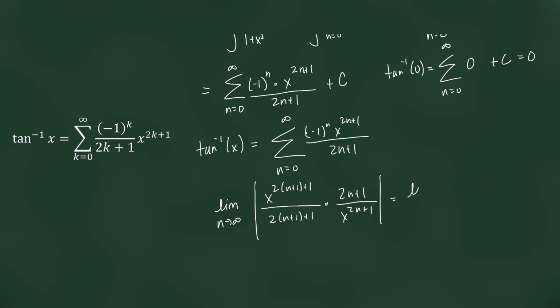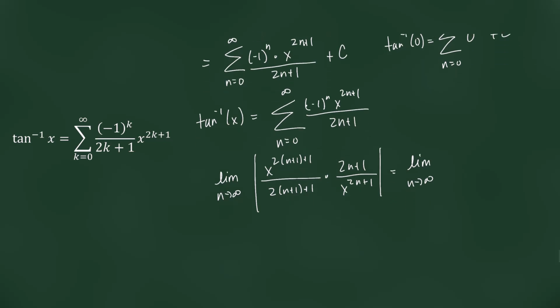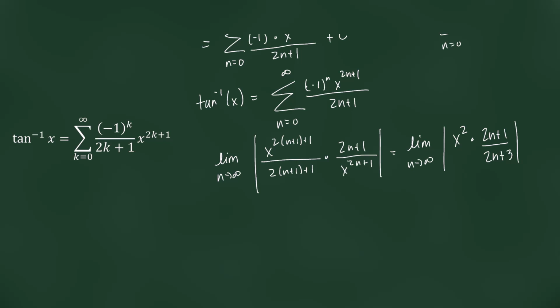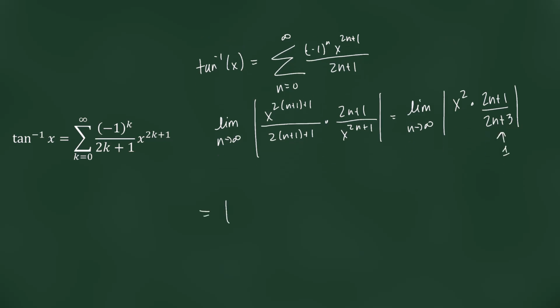We're going to see that's the limit as n goes to infinity of the absolute value of x squared times 2n+1 over 2n+3. The limit of the pieces that have the n is 1. So our limit here is equal to the absolute value of x squared. We want that less than 1, which is the same thing as saying that the absolute value of x is less than 1.